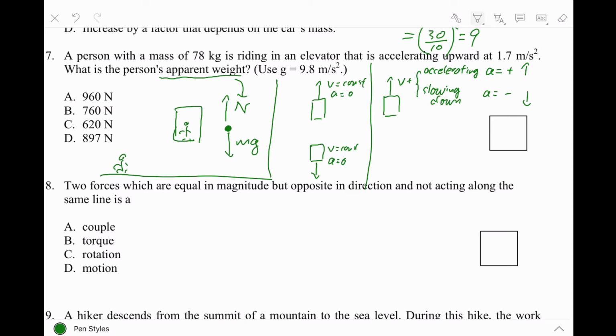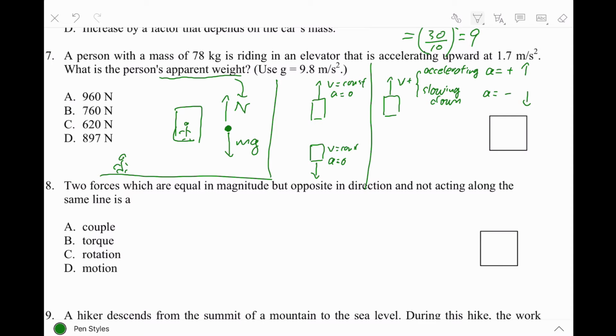So if we're slowing down as we reach the top floor, the acceleration is down, a little bit like I always say, you throw this one up, it's slowing down, so the acceleration is down.